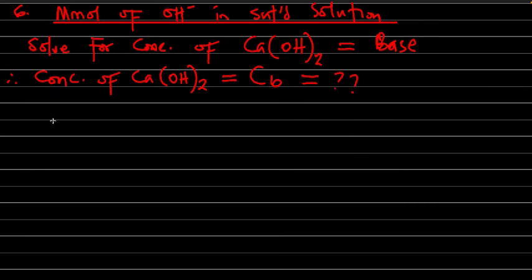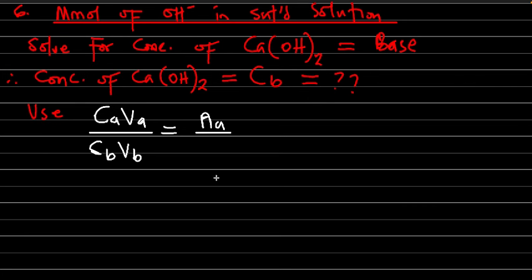So for me to solve for this, I'll use CaVa over CbVb equals Na over Nb.